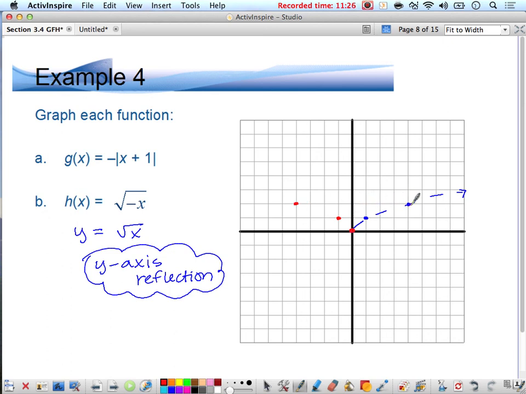So when it flips and comes around, it'll be 1, 2, 3, 4 that way. And there's the graph of y equals the square root of negative x. Make sure you kind of check into that. You said it's 1, 1, and 4, 2. Yeah, 1, 1, 4, 2. So now it's negative 1, 1, and negative 4, 2 when you move those points over.